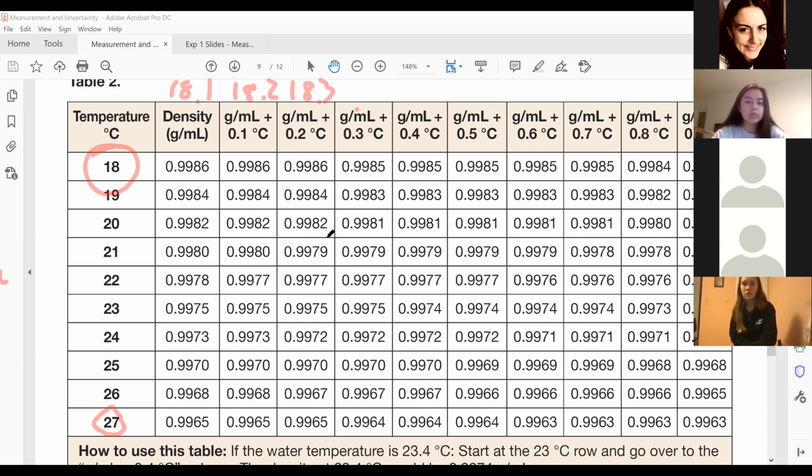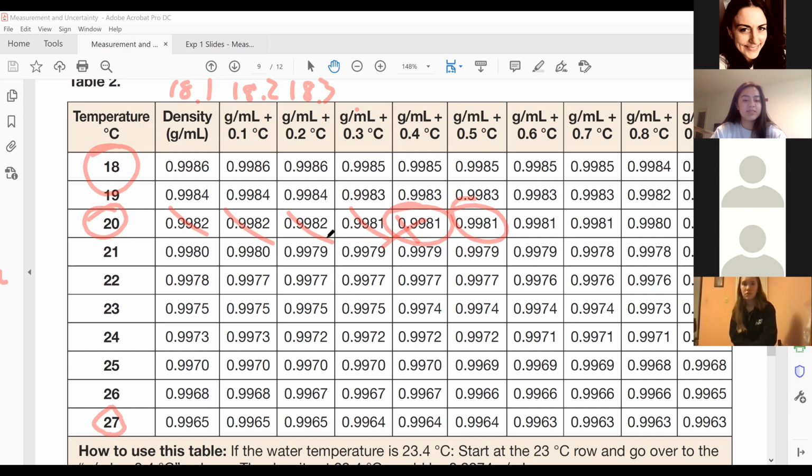So let's say you measure the temperature in your room and it's 20.5 degrees Celsius. So you would go 20, 1, 2, 3, 4, 5. So that will be the density of pure water at 20.5 degrees. And then this would be 1, 2, 3, 4, 5.